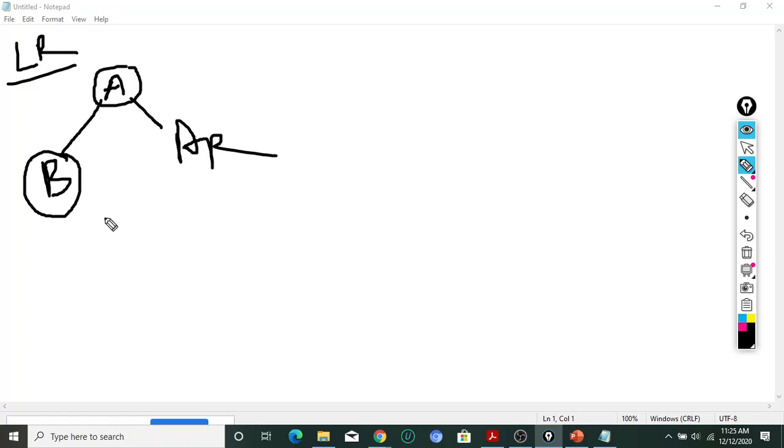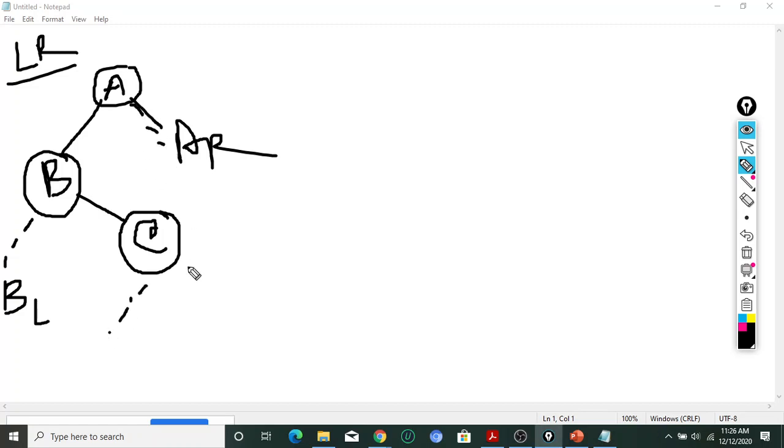Please go through the class note so that you can get the idea. It will be more clear to you. The code for how to represent this by pointers is also mentioned in the class note. Make it a dotted line: this is my left child and this is my right child, CR.